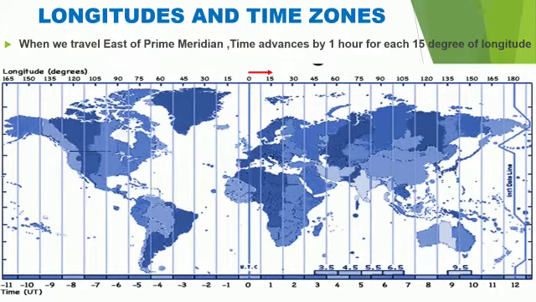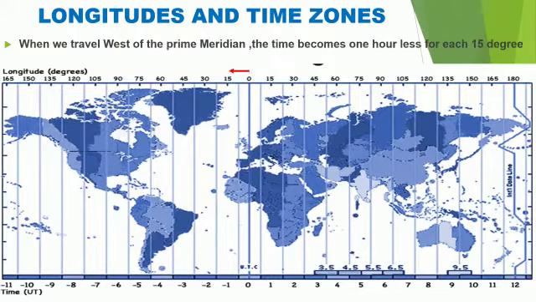When we travel east of prime meridian, time advances by 1 hour for each 15 degree of longitude. While when we travel west of the prime meridian, the time becomes 1 hour less for each 15 degree.